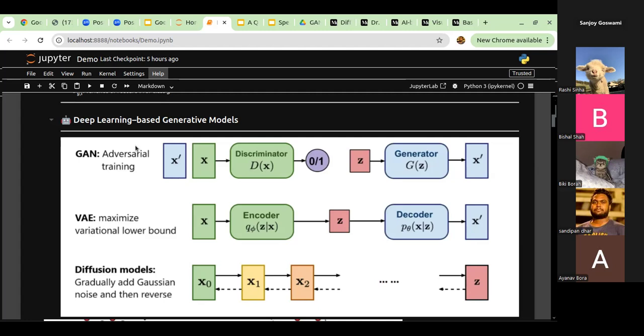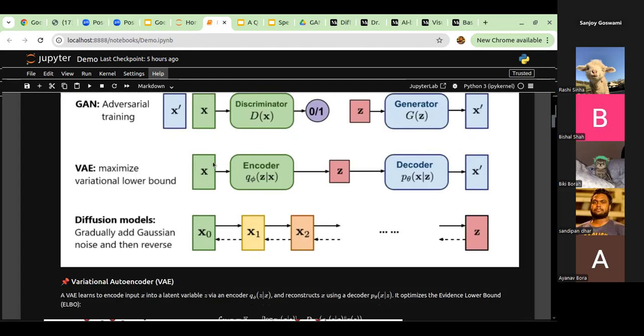So how does a VAE work? Say X is your input, and there is an encoder. As the name indicates, it encodes the data to a latent representation, an abstract representation.